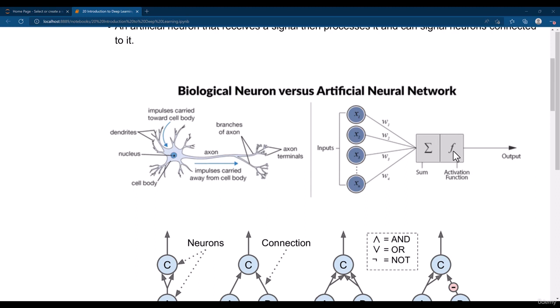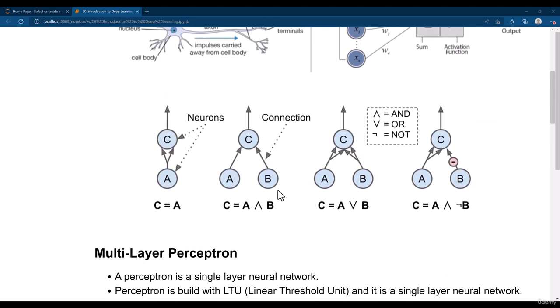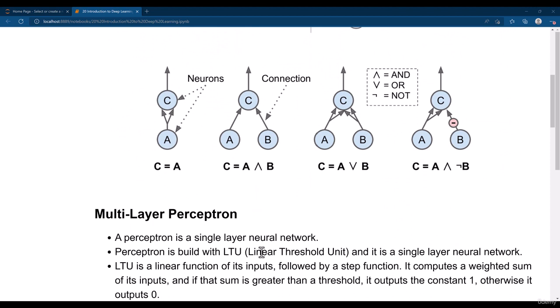Based on a particular threshold, the output is decided, whether the output is 0 or 1. That is why it is known as a linear threshold unit, and it is also known as a single layer or a single neuron.